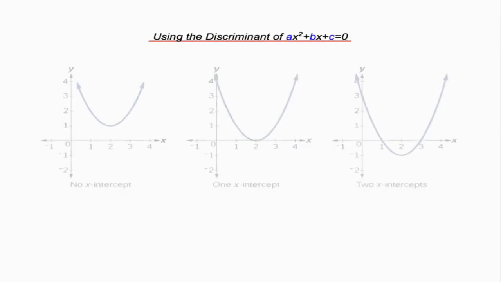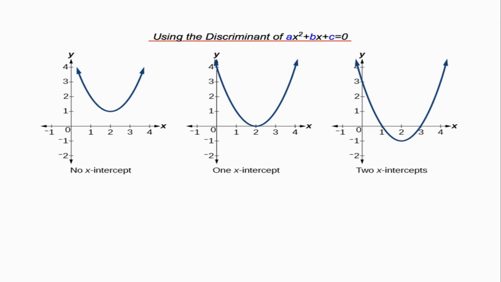Or we can see by comparison, there are three curves. The first curve does not intersect the x-axis. The second curve is touching the axis, intersecting at one point. And the third curve intersects at the points 1 and 3.